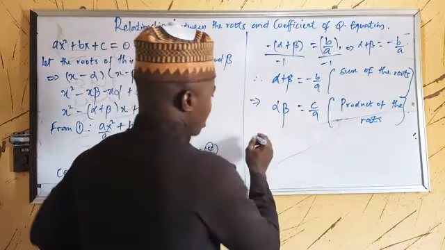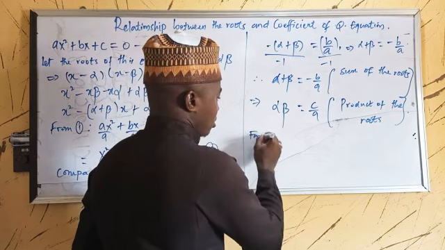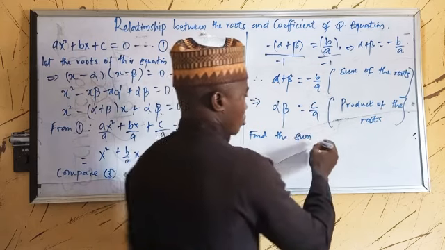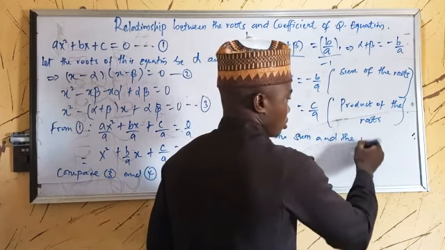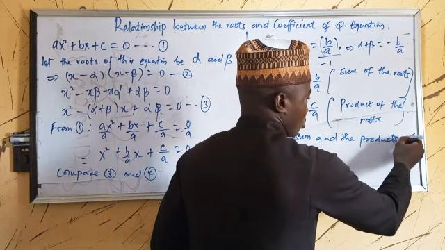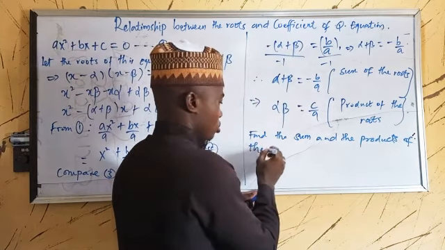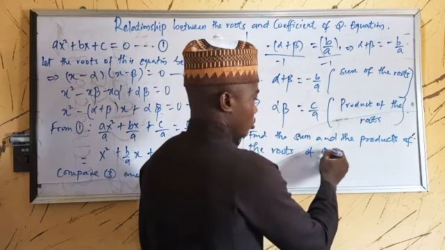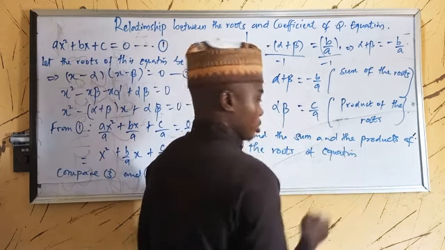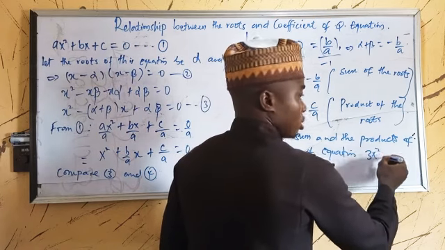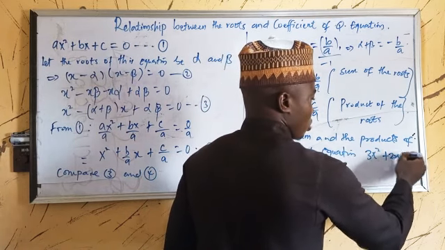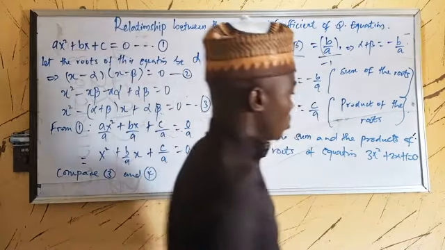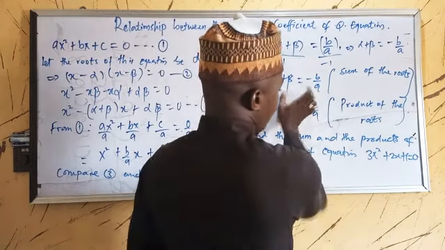So for example, let's say we are asked to find the sum and the product of the roots of the equation 3x squared plus 2x plus 1 equals 0. Are you getting it now? If you want to know this, we need this formula.